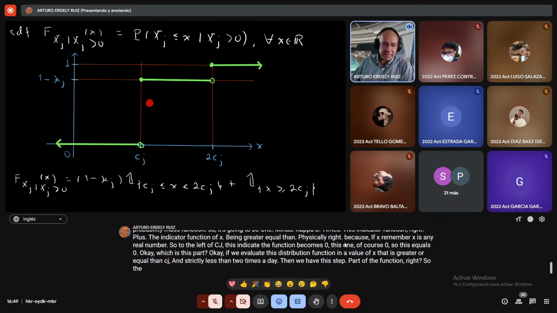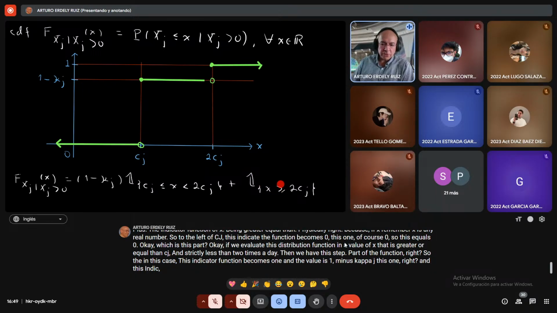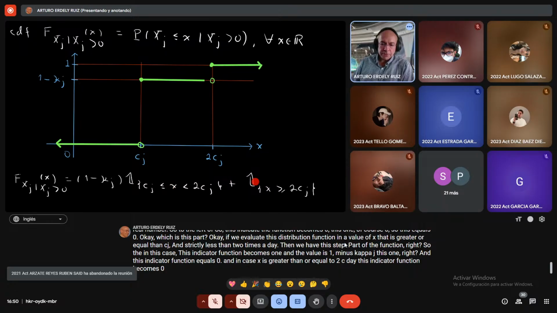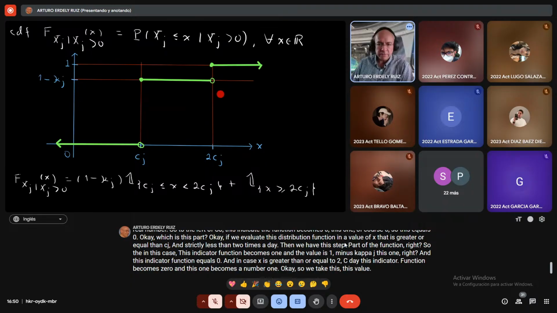So in this case, this indicator function becomes 1, and the value is 1 minus kappa j, this one, right? And this indicator function equals 0. And in case x is greater or equal to 2CJ, this indicator function becomes 0, and this one becomes a number 1. Okay, so we take this value, right?